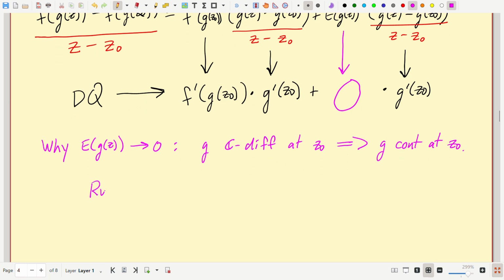Rule of limits. E of W goes to 0 as W goes to W naught.